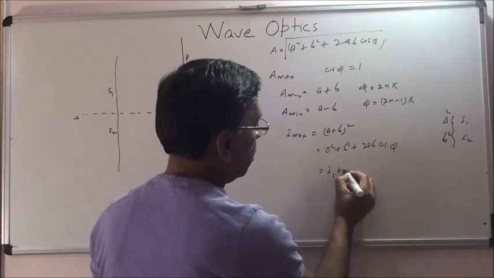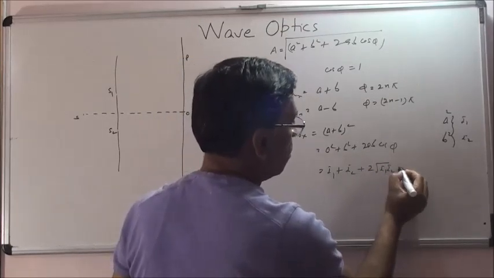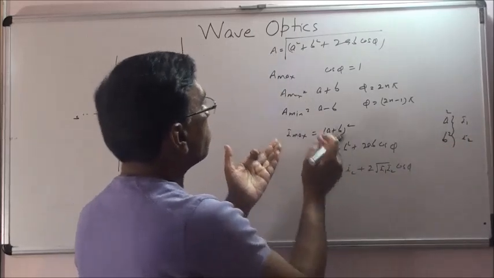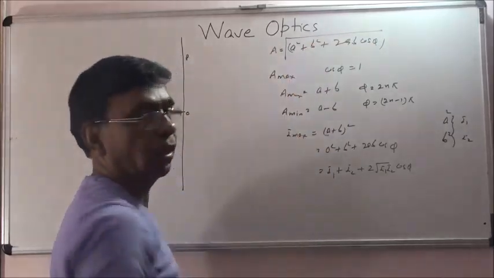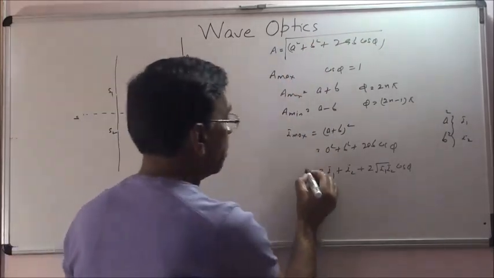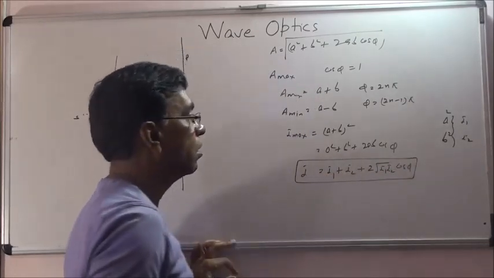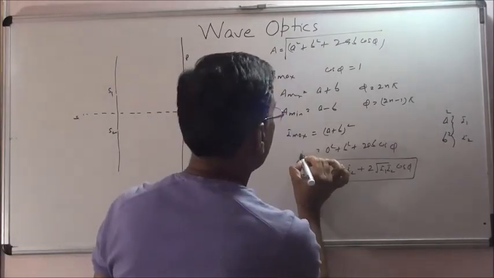So this is I1, this is I2, plus 2 root I1 I2 cos phi. It is actually proportional to it. If we take the proportionality constant k, here also k, that k gets cancelled and I will get this. So this is the general expression for I.